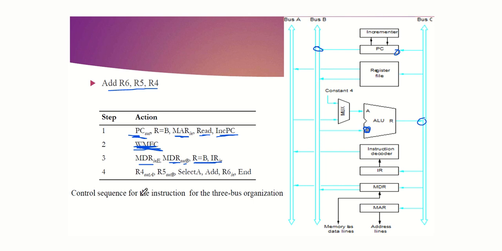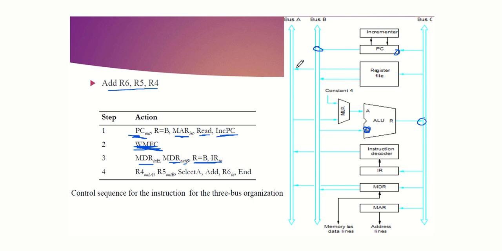Then the final step, we have to say R4 out through A and R5 out through B, select A, add, R6 in, and end. So this is what it means. We have to say R4 out through A because remember the register file contains a bunch of registers, and several registers have been connected to bus A, several registers have been connected to bus B, right?